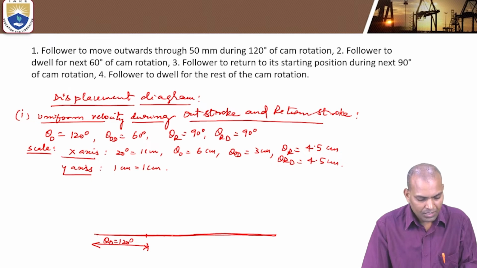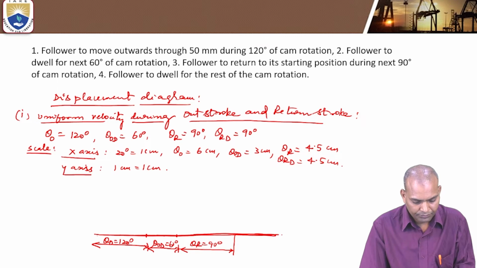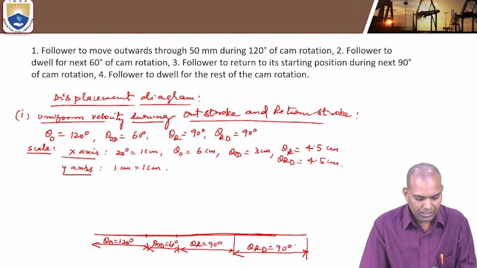Okay. Next, theta OD is 60 degrees, theta R is 90 degrees, and theta RD is also 90 degrees. How much is it?